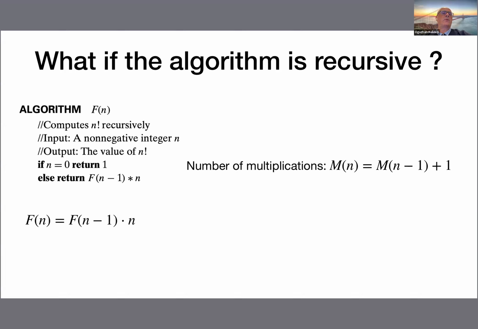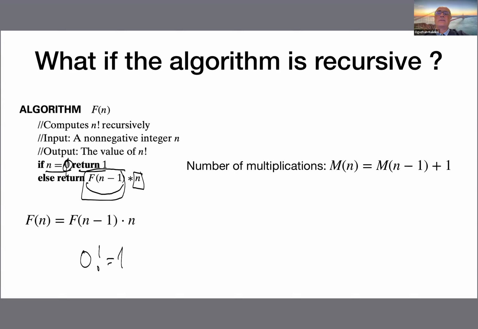If n is equal to 0, I will return 1 because I know that 0 factorial is equal to 1. You can even make this, if n is equal to 1, return 1 as well. But anyway, this is written in that way. Else, I will call the same function, and whatever it returns, I will multiply it with n.